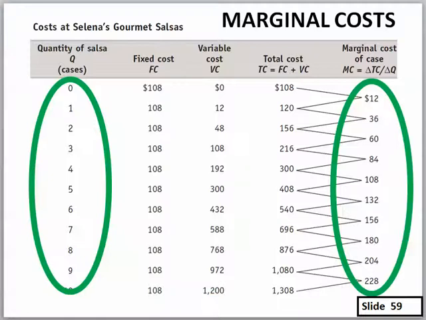If we subtract the total cost of 9 cases, which is $1,080, from the total cost of 10 cases, which was $1,308, we find that the marginal cost of the 10th case was $228.